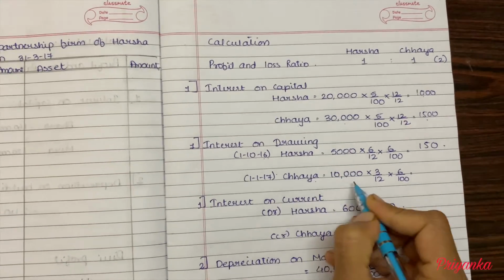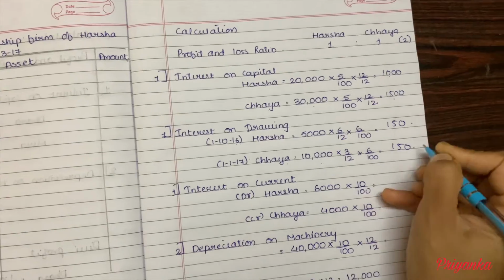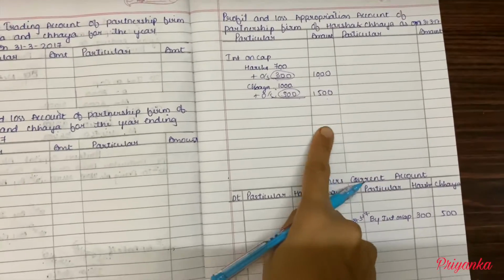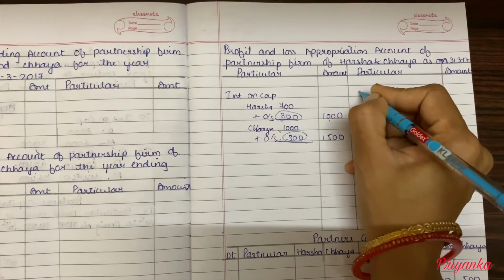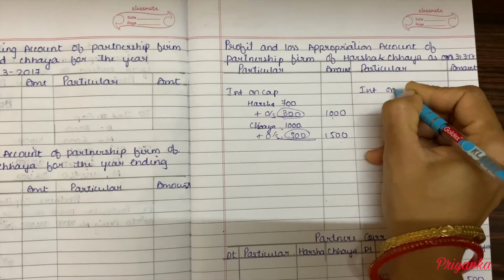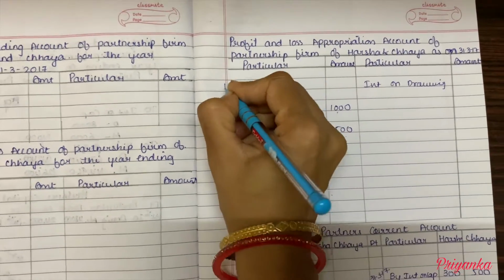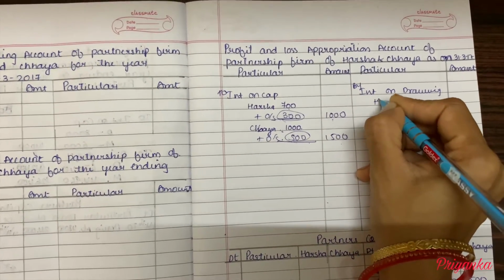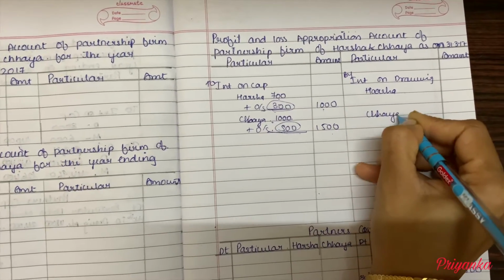And if you calculate for Chaya, you will get again 150. So now take this amount to the profit and loss appropriation account and partner's current account. First write down interest on drawing, Harsha and Chaya.